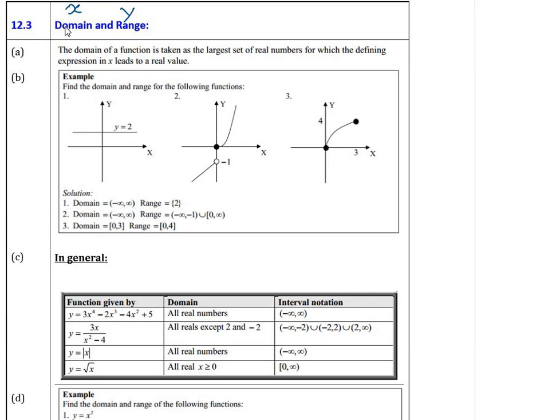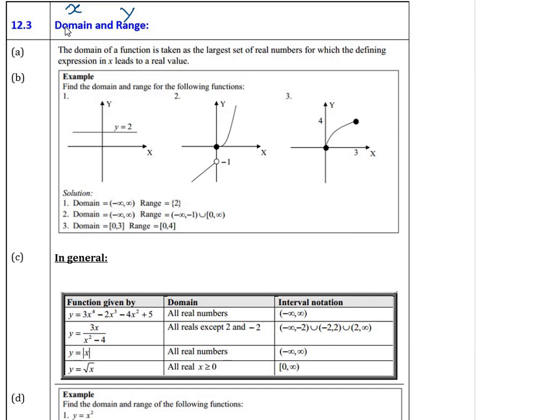The range is all about the y coordinates. So again, when I have the domain, remember the mincer example that we did. You first define what you can throw into the mincer. So you define that you may only throw in meat. Once that is done, it means the domain is now in place.